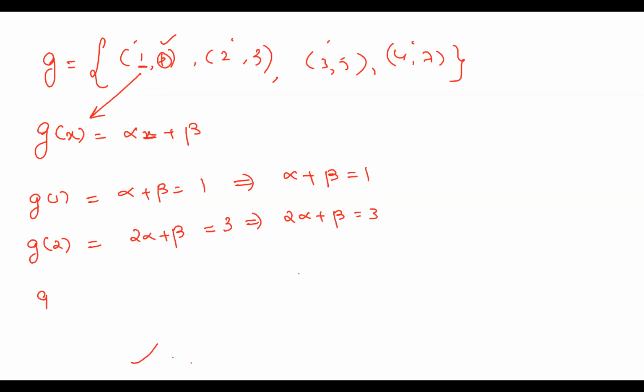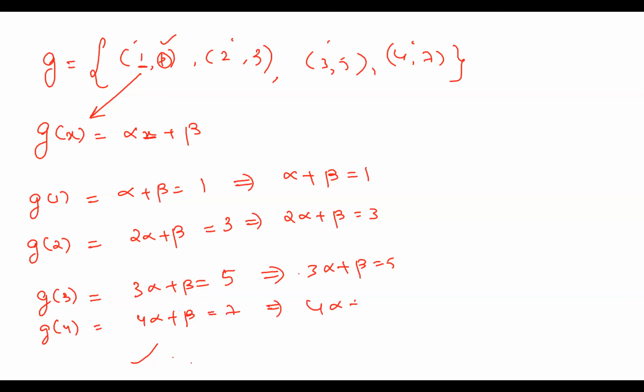What is g of 3? 3 alpha plus beta should be equal to 5. G of 4: 4 alpha plus beta is 7. There is a linear equation in 2 variables. 2 equations are sufficient, but 4 are there.